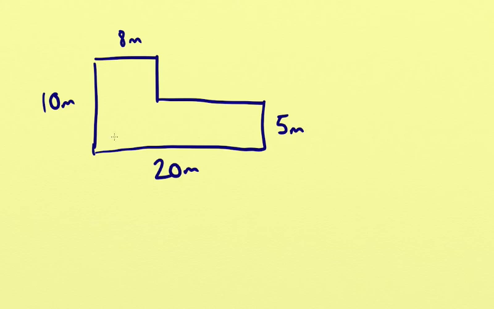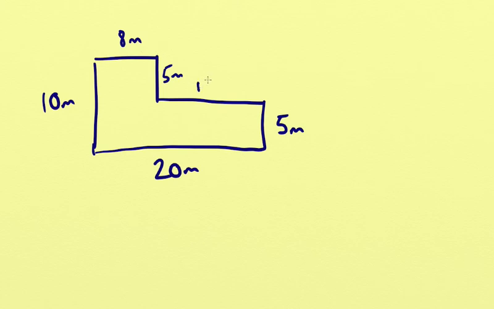So if this is a rectangle, you may face this kind of question in an assessment where they don't give you all the dimensions. So it's just a case of visualizing what these missing dimensions are. So if this length here is 10 meters and we take 5 meters from it, that should give us what this little bit is left here, which is going to be 5 meters. And if this bit's 20 all the way across the bottom, and we take 8 meters away from it, it's going to leave us with 12 meters.